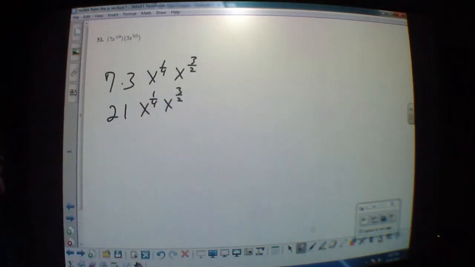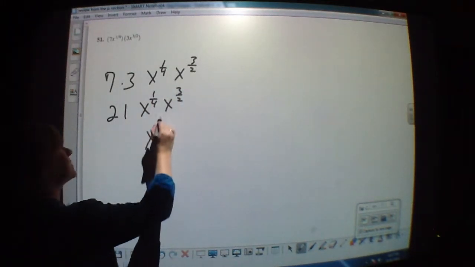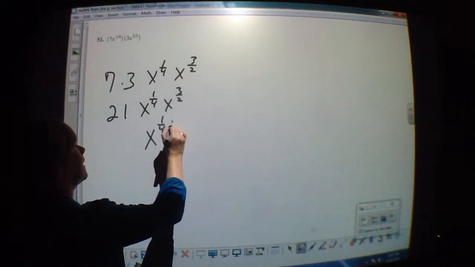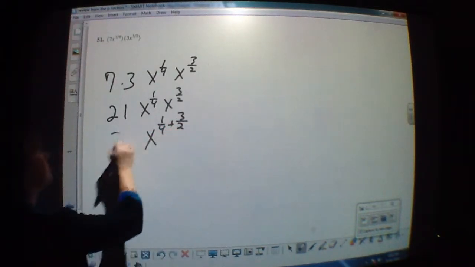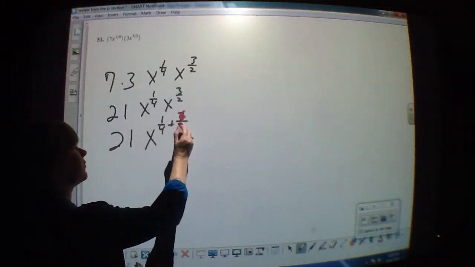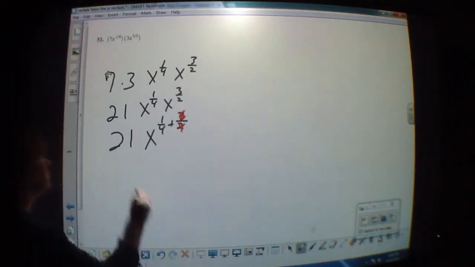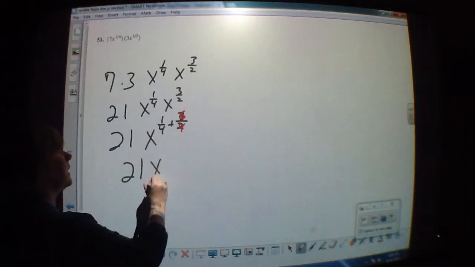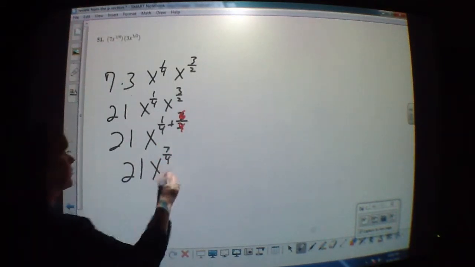I add the exponents, so this will be x to the 1/4 plus 3 halves. You need a common denominator, so this is 6/4. So the answer ends up to be 21x to the 7/4.